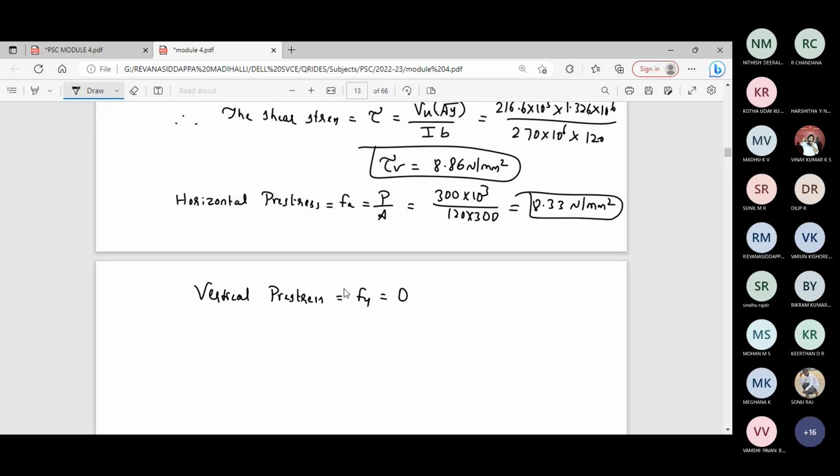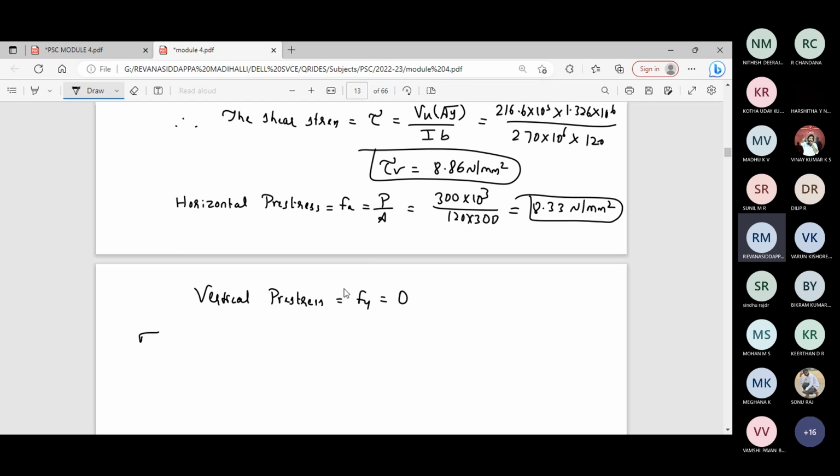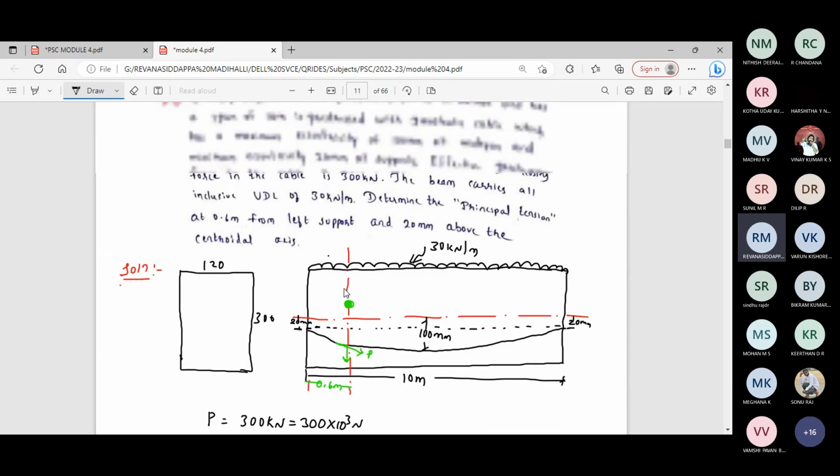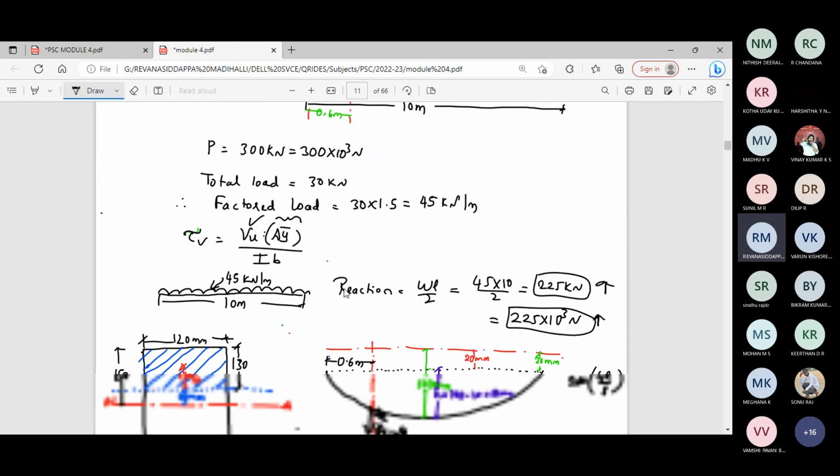Now you can calculate the values of principal stresses. So we know the formula. Here in the problem, principal tension is nothing but principal stresses only.